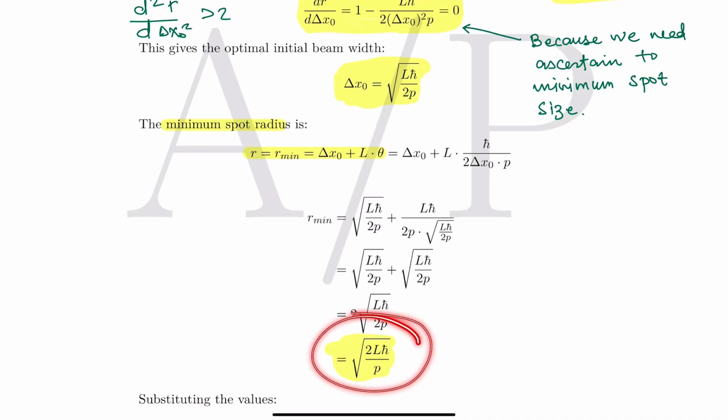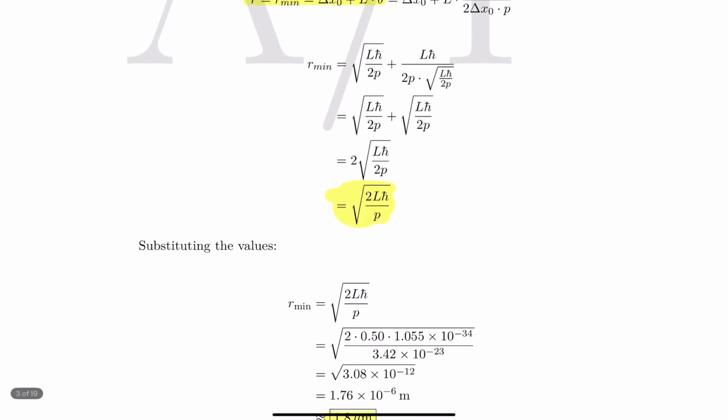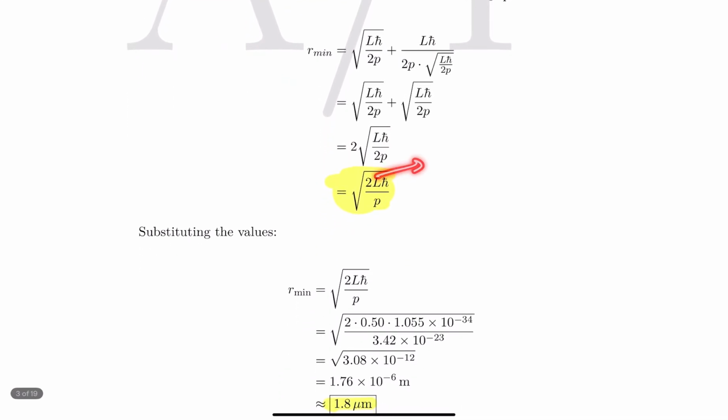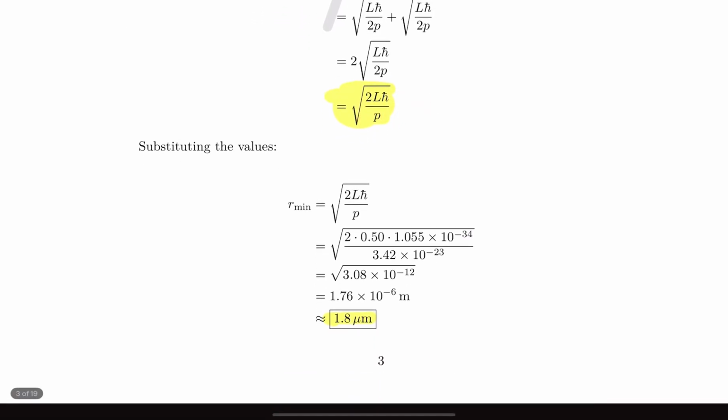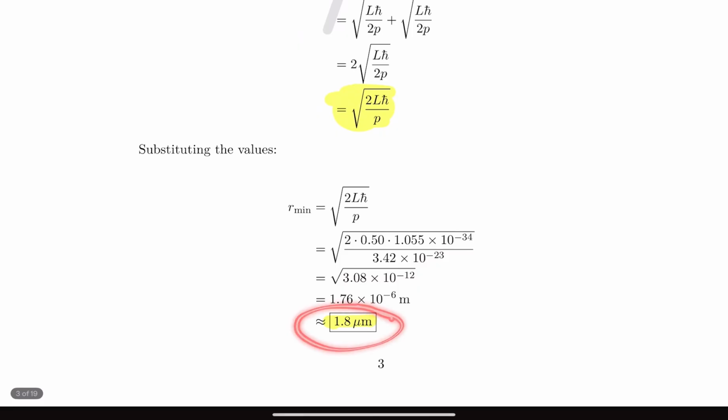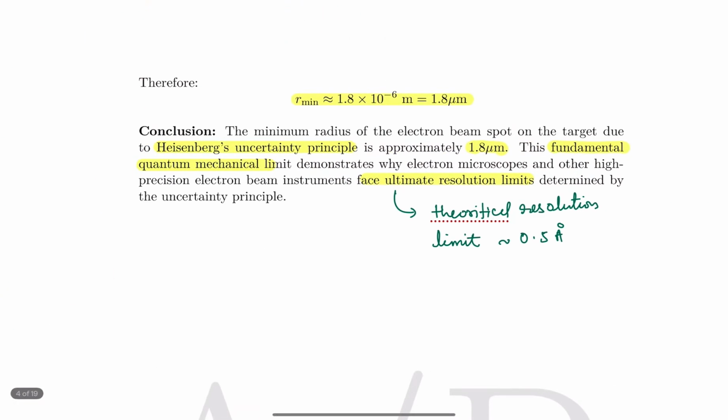Now L is half a meter, h bar is the reduced Planck constant, and this momentum we have already found. So when you substitute all the values, you get 1.8 micrometer. Therefore, the minimum radius is this much, and this is what we write as the conclusion.